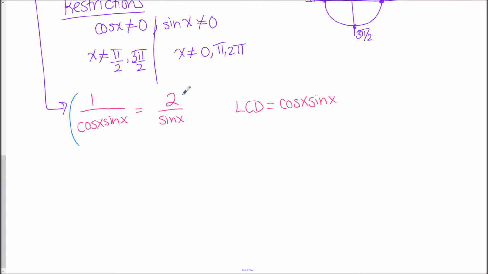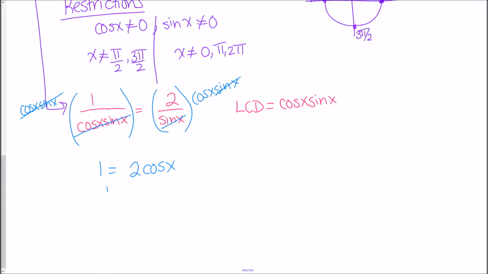I'll write it out twice. When I do that, this cosine x sine x will cancel out, so I get 1. And these sine x's cancel out, so I get 2 cosine x, which turns out to be pretty nice for us.